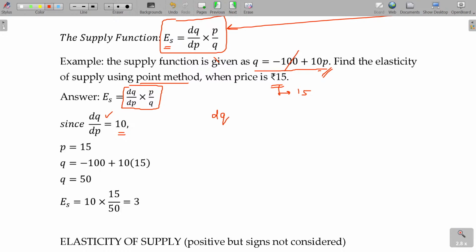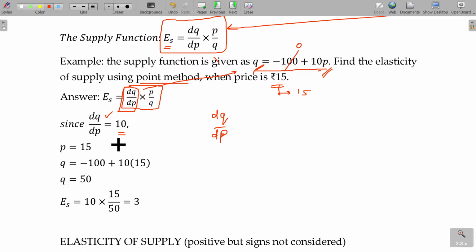That's how you might have studied differentiation, dy by dx. Here I am putting that in a different way, dq by dp. If I differentiate this function, minus 100 becomes 0 and 10P becomes 10.